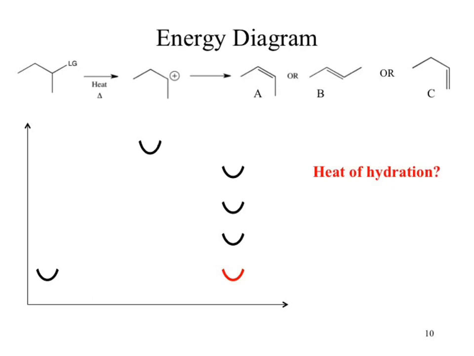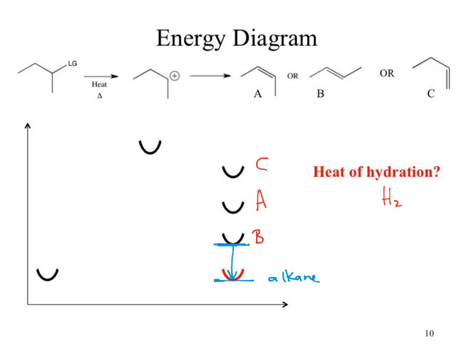Heat of hydration is another fun way to look at this. What is heat of hydration referencing? Heat of hydration is how much heat it takes to react with H2 to make a saturated alkane. Your heat of hydration is starting at your alkene and taking it down to an alkane.